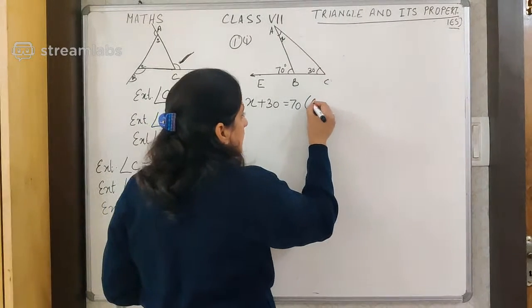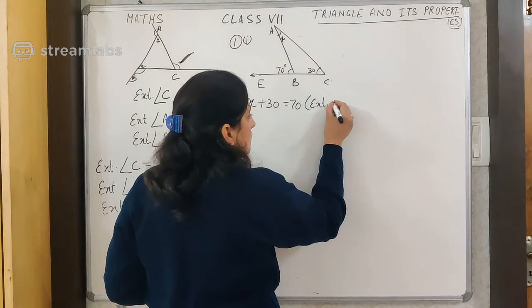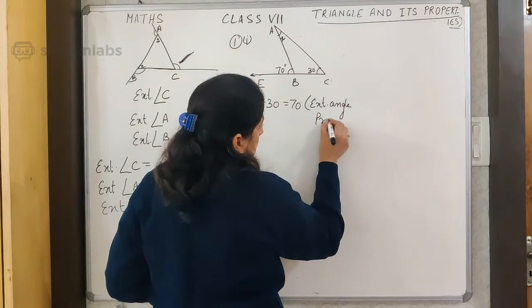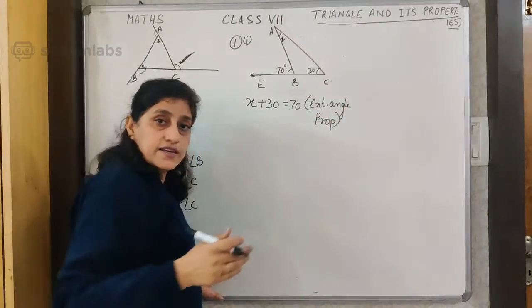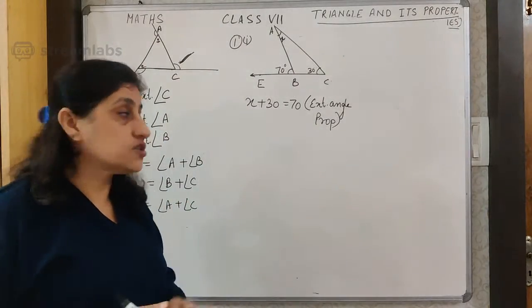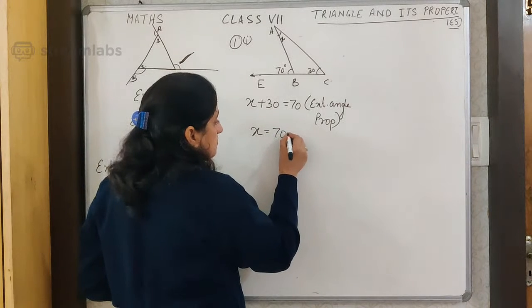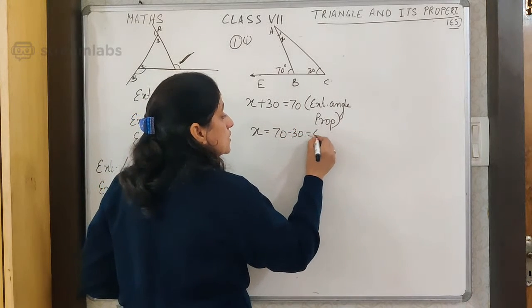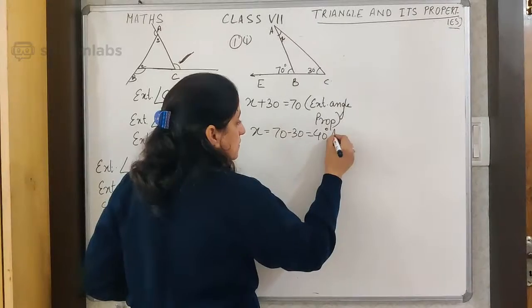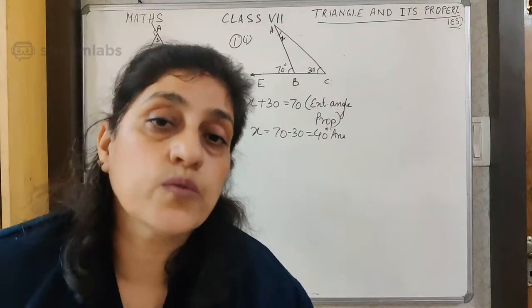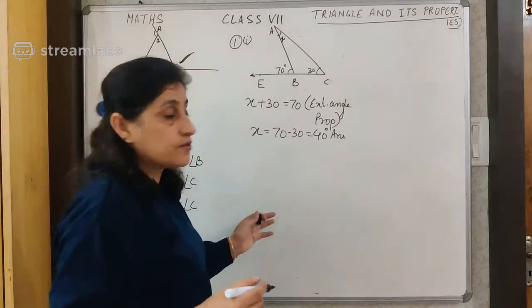This is called the exterior angle property. Okay children, if it is clear, let me know that you understood everything. And now simply x is equal to 70 minus 30, which is equal to 40 degrees. This becomes the answer to this particular question. This is a simple question about the exterior angle property.